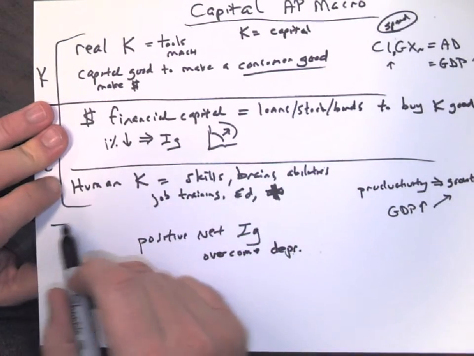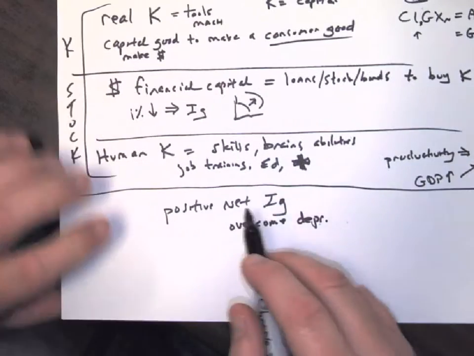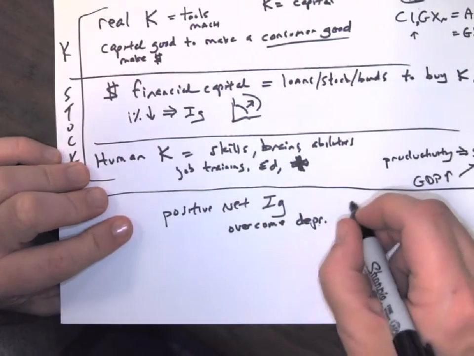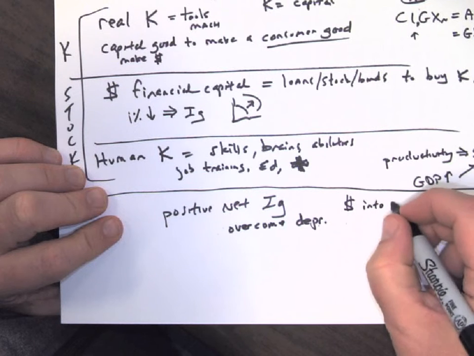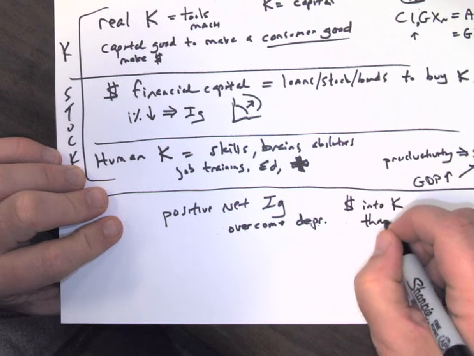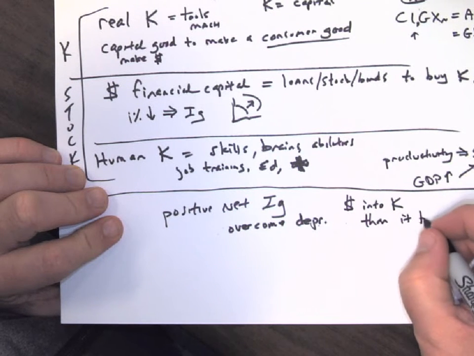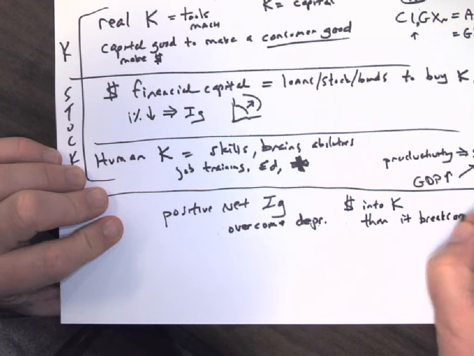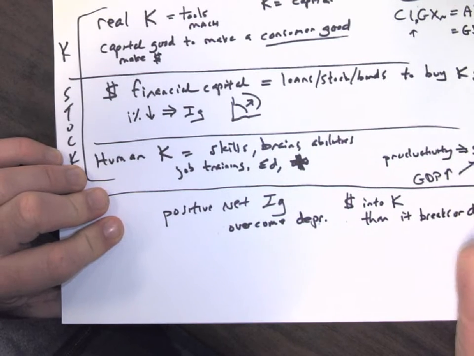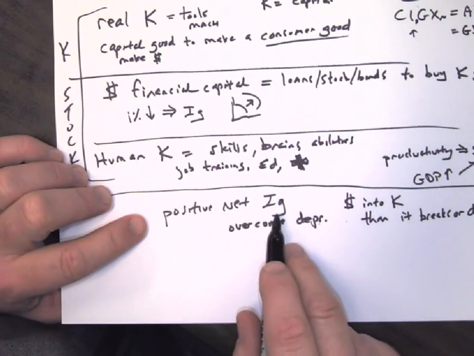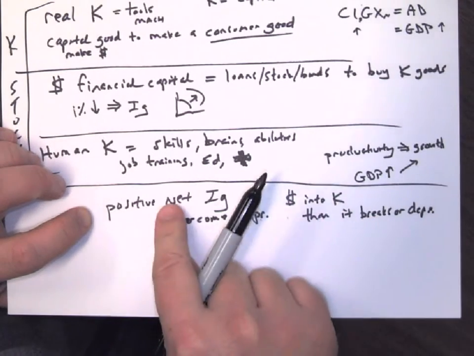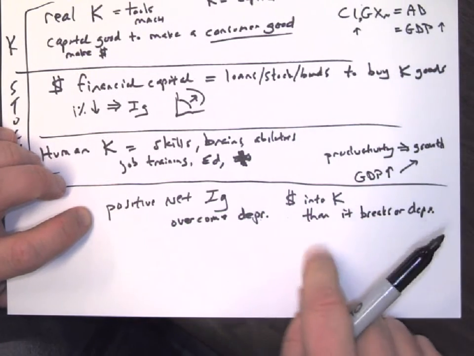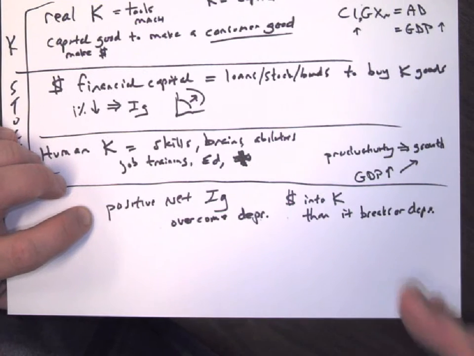So in a given year, if we put more money into capital, then it breaks or depreciates. So if we have positive net investment, that means we will have economic growth, because we are adding more capital than we are using up. Because our trucks are going to break down.